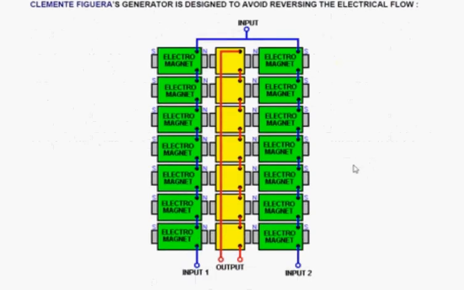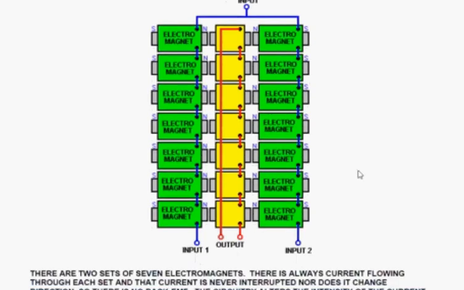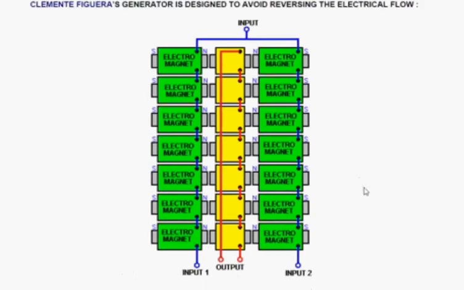Asymmetrical is the important point in nearly all of these things. Clement Figura was a very intelligent engineer, and he designed a number of things, but the most important one I would assess is this particular design here.